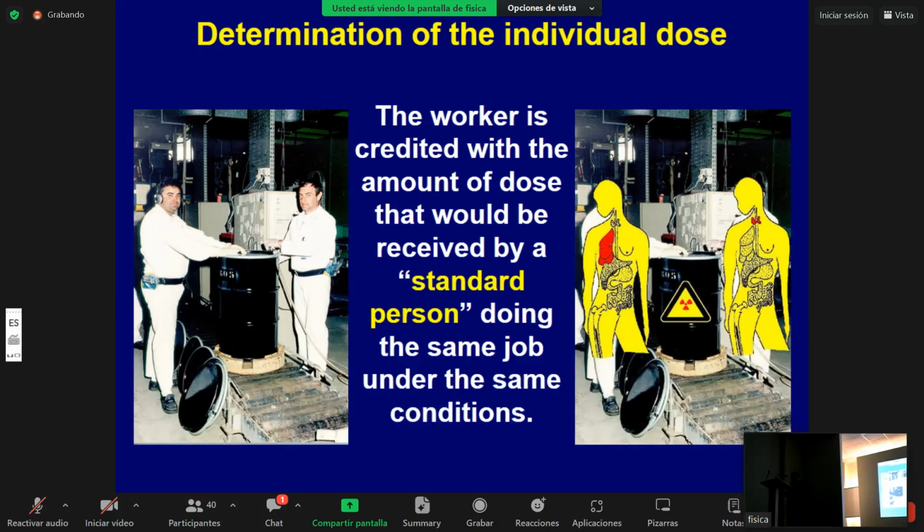The value of the individual dose is attributed to the individual based on the results of monitoring external and internal exposure. When determining the individual dose of a worker, it differs from the true radiation dose of the individual, which we call a personal dose, because the difference between the characteristics of a standard person and the personal characteristics of the individual is ignored.